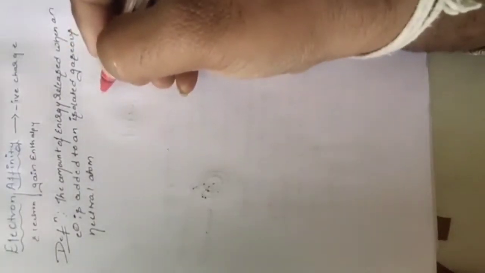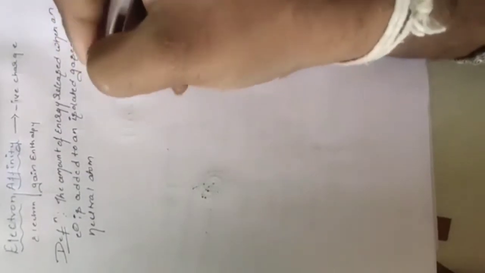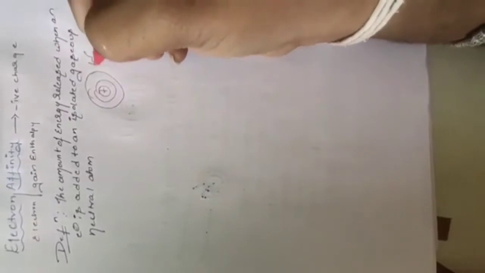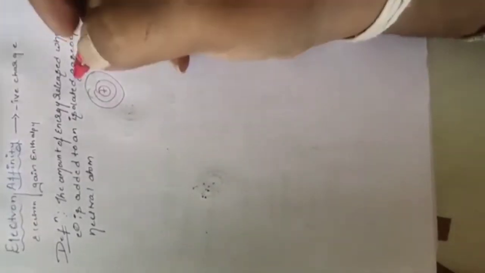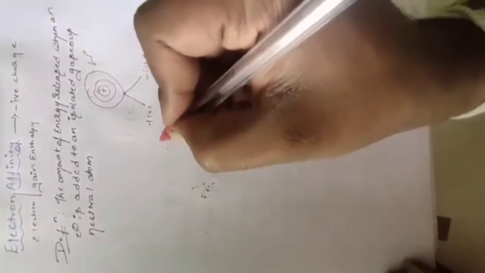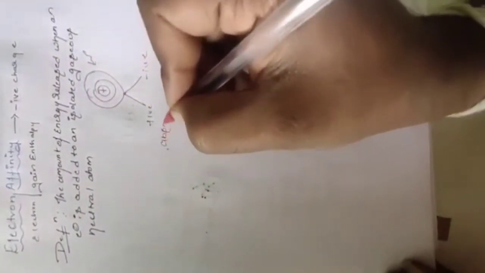isolated gaseous atom. You see, the last class I told that if the electrons absorb, if we are passing the amount of energy to the orbital, it has two signs, one is positive sign, one is negative sign. When will it be positive? The enthalpy positive means energy is being absorbed.